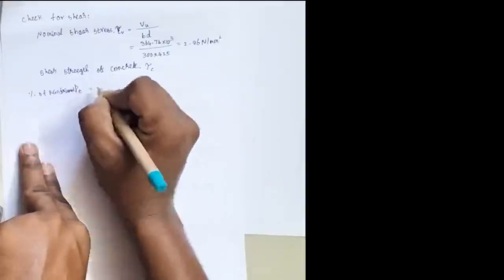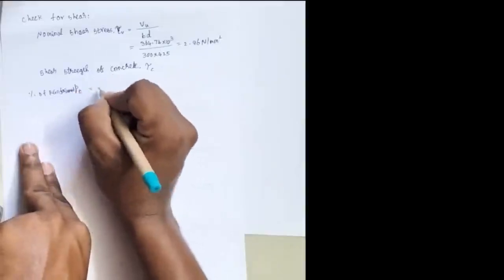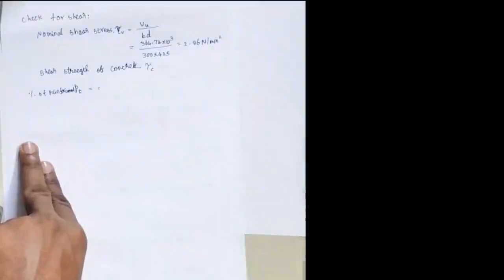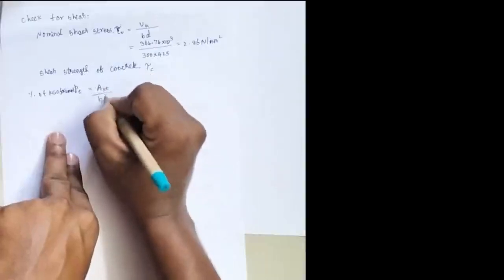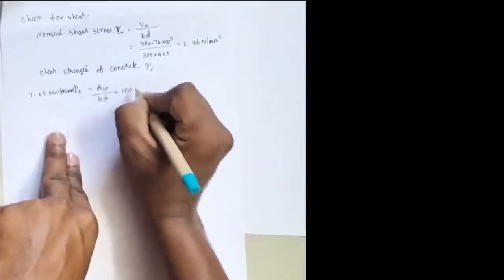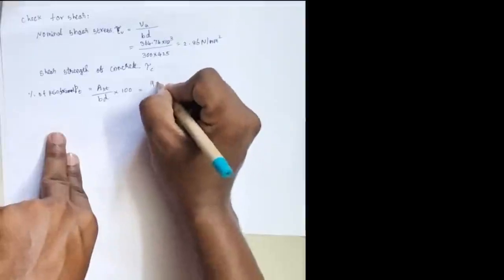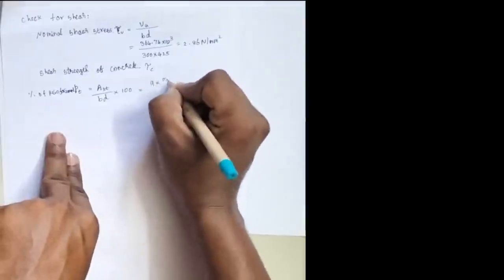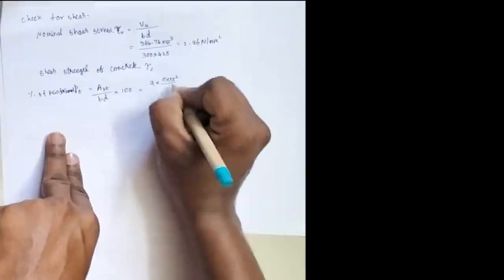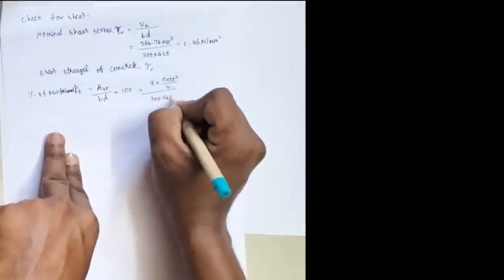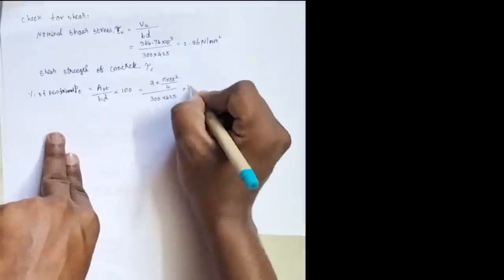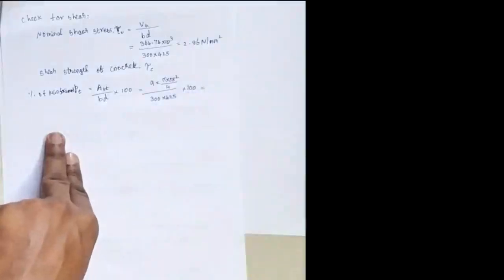We know the formula because it was given on page number 73 of IS 456: Pt equal to Ast divided by bd into 100. Here we have used 9 numbers of 25 mm bar. So 9 into pi into 25 square divided by 4, divided by b is 300 and d is 425, into 100.